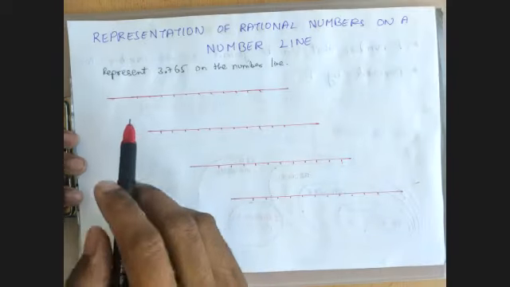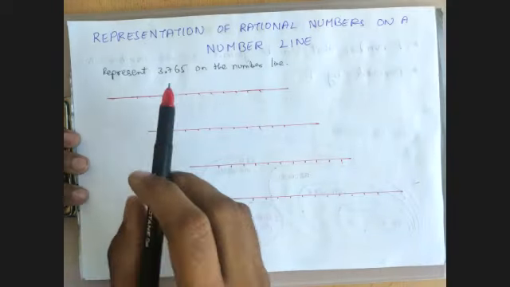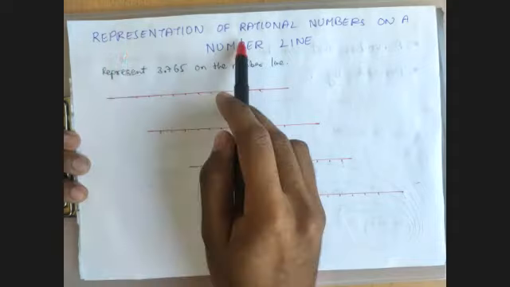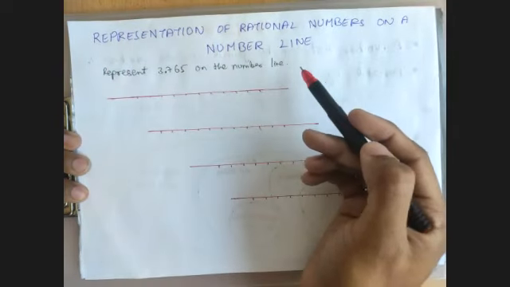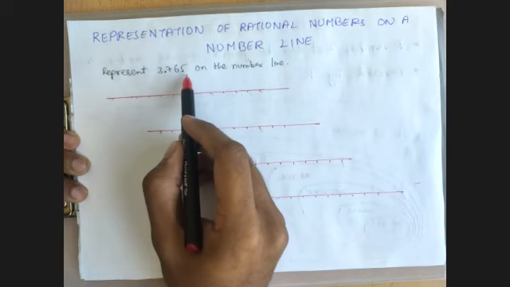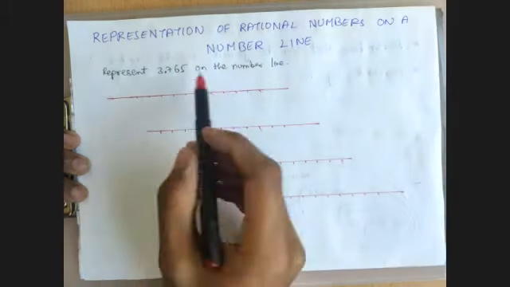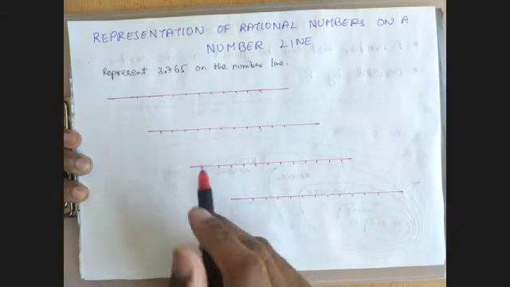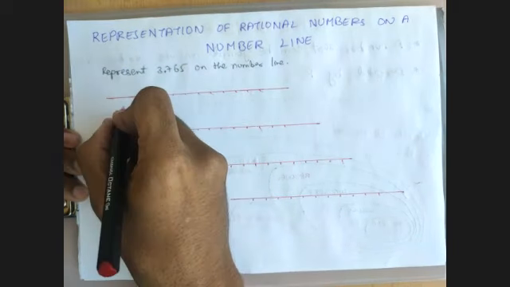We saw that any number on a number line is a real number. So now let us see how to represent a rational number on a number line. For example, I have taken 3.765. So let us represent this on a number line. How do we write a number line?